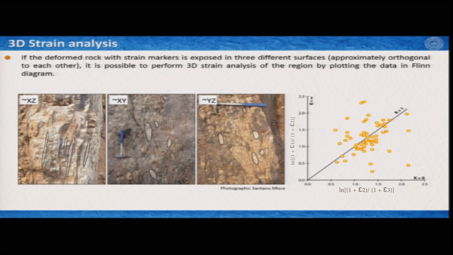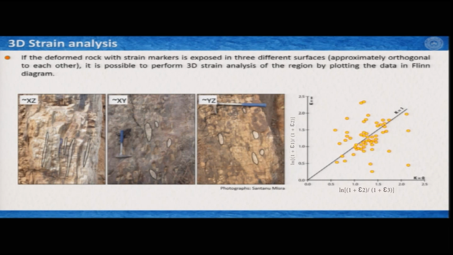Now, here I have 3 photographs from a place we commonly go to with our students for undergraduate field training. This is near the Singhbhum shear zone behind the Rakha mines, and there you have a marker layer of deformed conglomerates, and this place nicely exposes the 3 different sections.